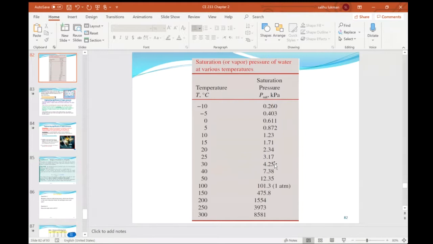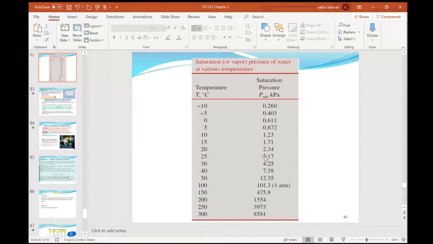So at 100 degrees Celsius, you have the vapor pressure to be the atmospheric pressure, meaning if you want it to boil at 25, you need to reduce the atmospheric pressure from 101 to 3.17. So if you can reduce the atmospheric pressure to the saturation pressure of 3.17, then water will boil at 25 degrees Celsius. I hope it is clear.